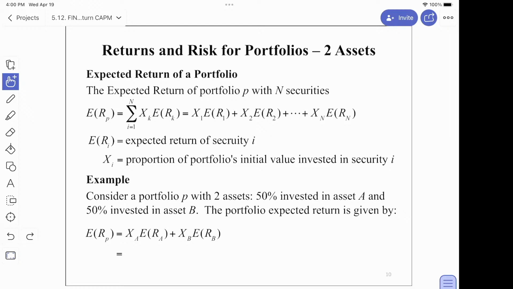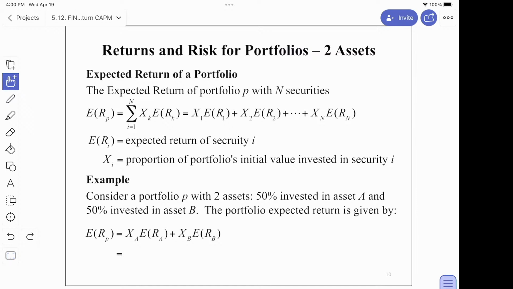Because in fact, when you hold many risky assets like stock together, you often hold more than one or two. So we need to look at the general case of holding more, but we start with two just to familiarize ourselves with the statistics involved.